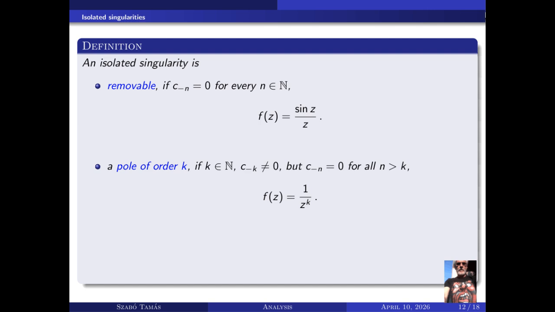A standard example is f(z) = 1/z^k. An isolated singularity is called essential if c_{−n} is non-zero for infinitely many positive integers n. A standard example is f(z) = e^{1/z^2}.